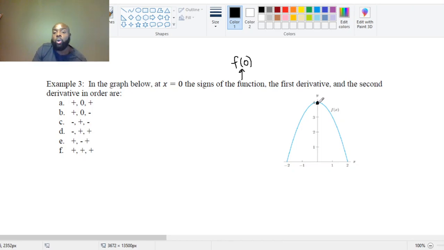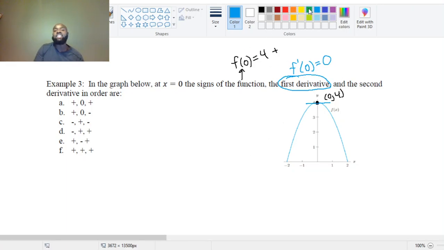Well, it goes through the ordered pair (0, 4). So the functional value is y equals 4, which is positive. The first derivative, well, when we talk about the first derivative, we're talking about the slope of the tangent line, right? So f prime of 0 has to do with the slope of the tangent line, and the slope of the tangent line at that point equals 0. So we get 0 for the first derivative sign.